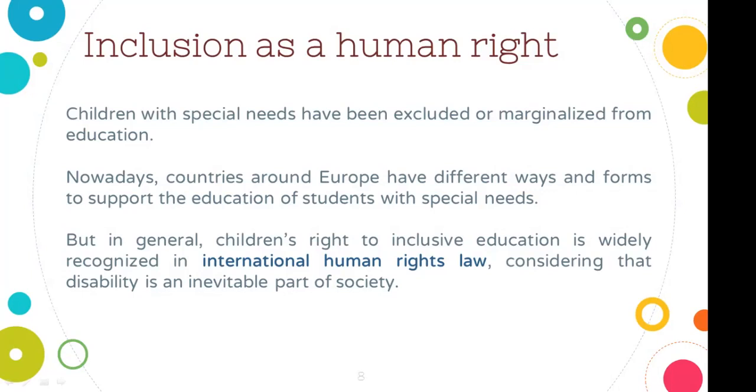But in general, children's right to inclusive education is widely recognized in international human rights law, considering that disability is an inevitable part of society. That is very important. We cannot exclude people from school, but also not from society, because we have that as a human right.